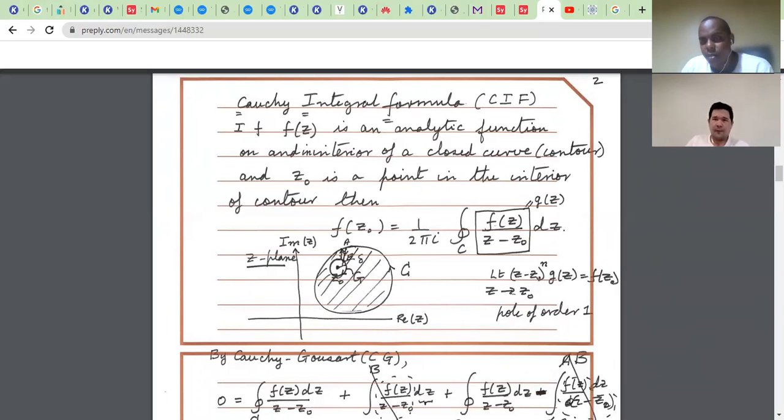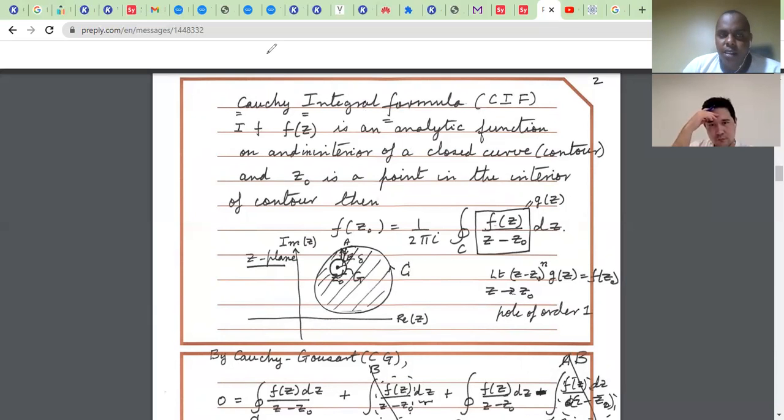I think somewhere along the way we are going to talk about residues. Okay, so this is a statement, a formula, the Cauchy integral formula. It says that if f of z is an analytic function on and in the interior of a closed curve, and z naught is a point in the interior of the contour, then f of z naught will be given by this function.